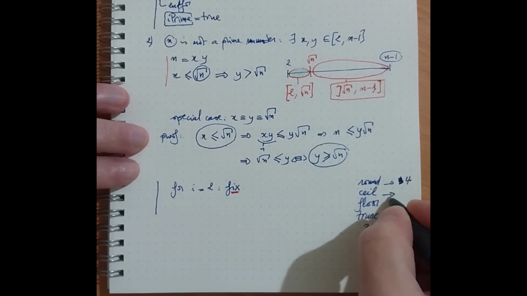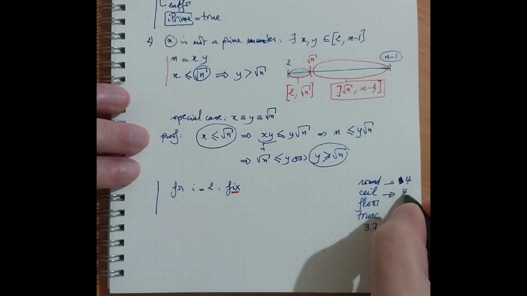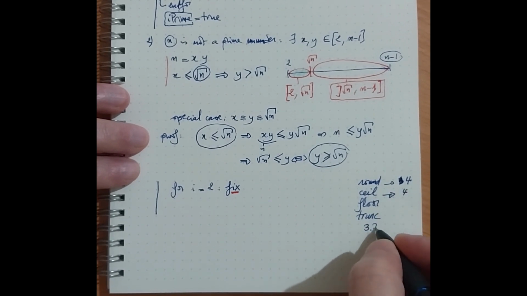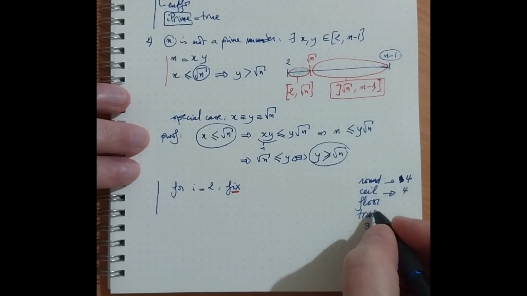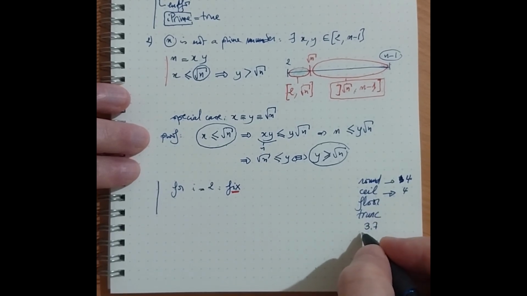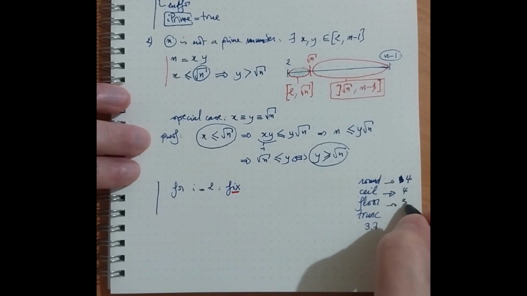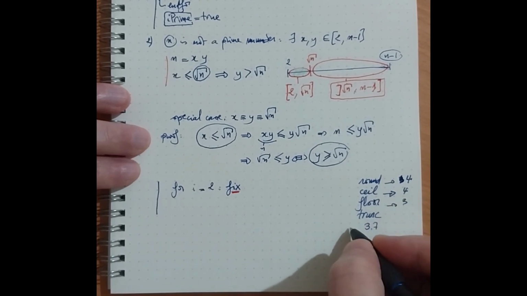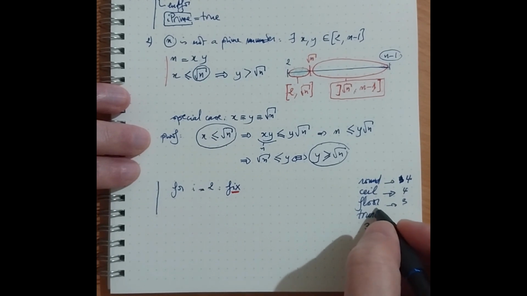Ceil will return 4 also, the smallest integer that is greater than 3.7, which is 4. And floor, the largest integer that is smaller than 3.7, which is 3. Trunc is not in Octave.